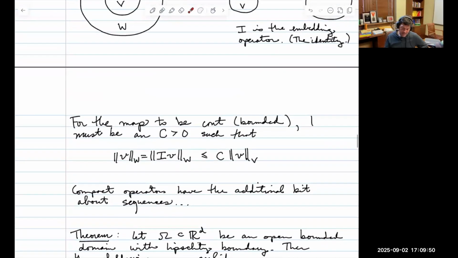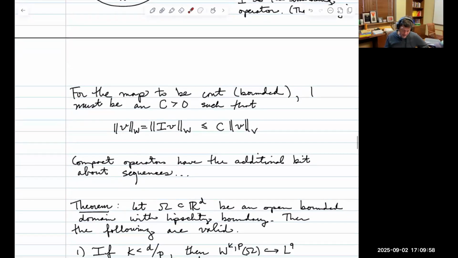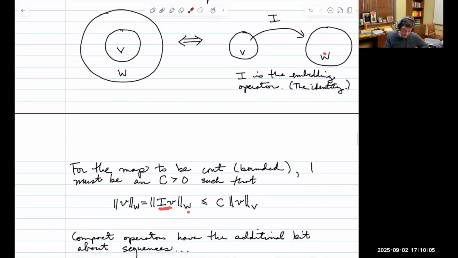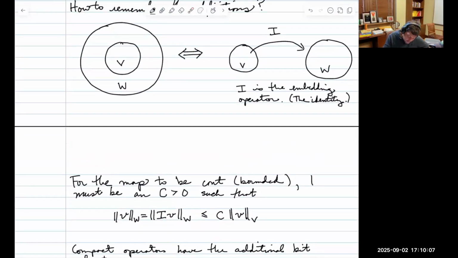For an embedding or any other mapping to be a continuous operator, it has to satisfy this property: the norm of I of v, measured in W, because remember, I of v is over here in W. I can look at a point v, and it goes over here to I of v.